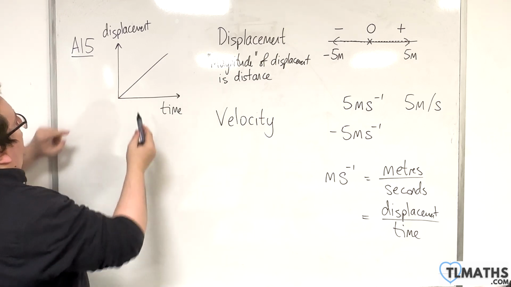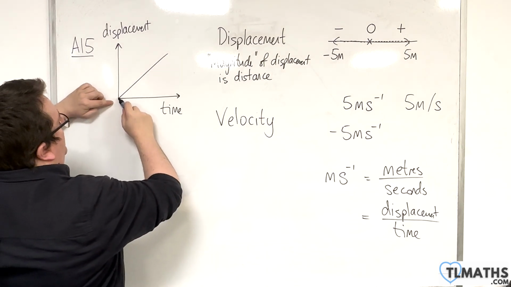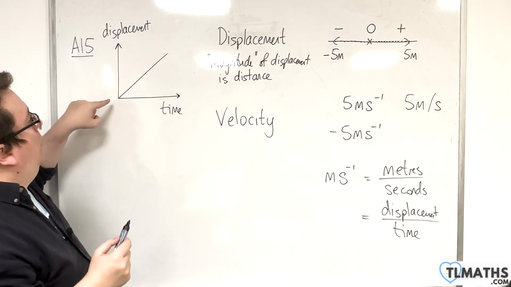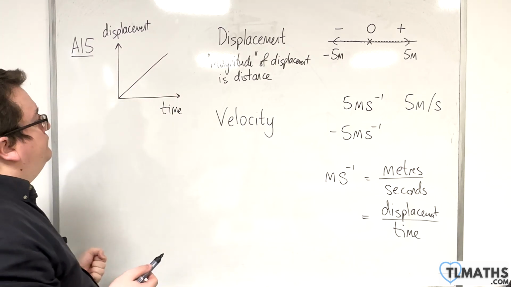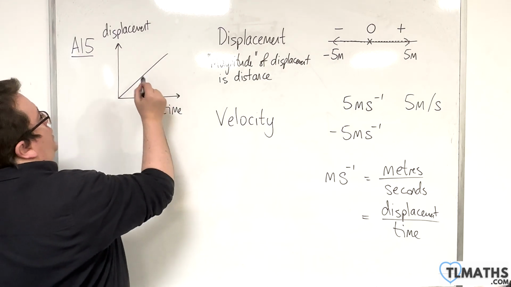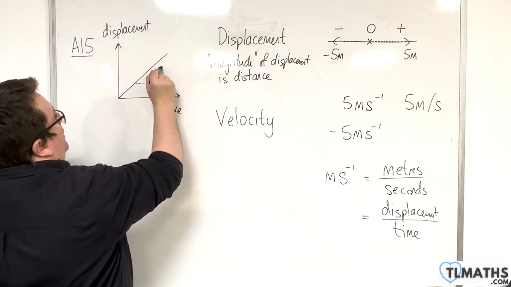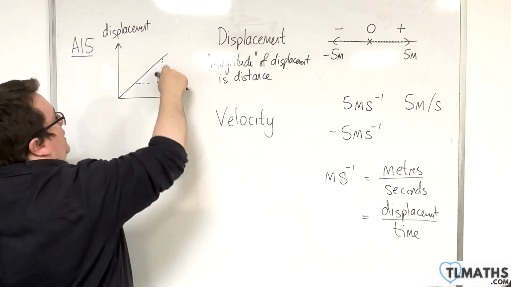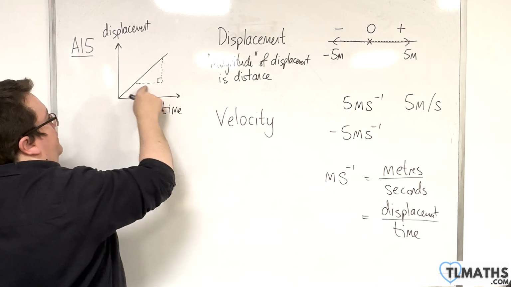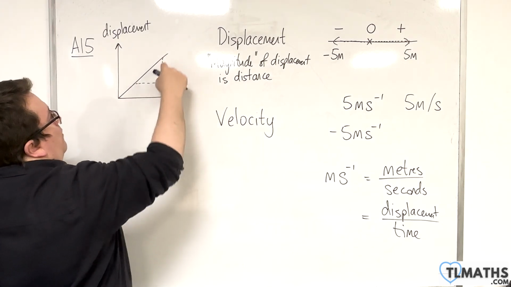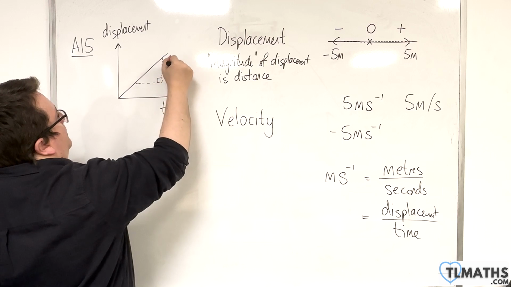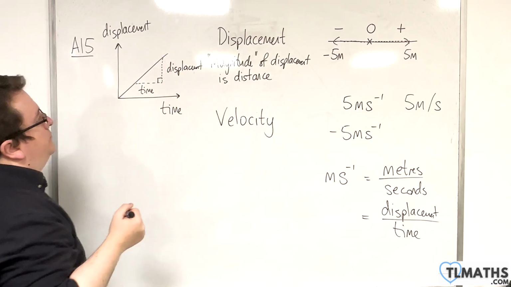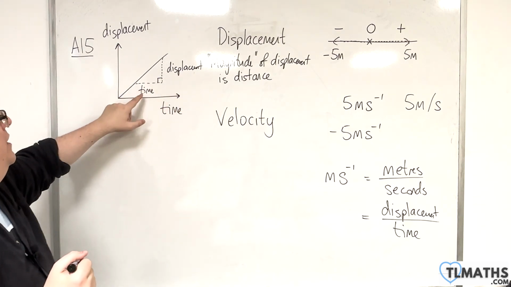This would be somebody walking at a steady speed in the positive direction. Then you could work out the gradient of this line by doing the difference in the y coordinates divided by the difference in the x coordinates. Well, this would be a change in displacement over a change in time. Displacement divided by time.